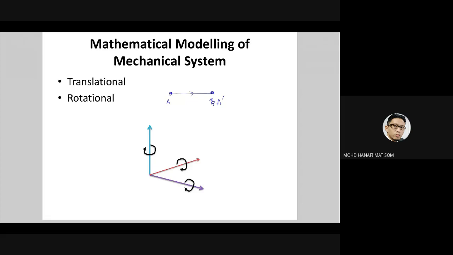For example, you have X, Y, and Z here. You can have a rotation about the X-axis, about the Y-axis, and about the Z-axis. Okay.